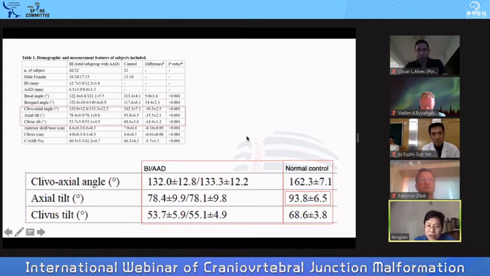We found that not only the axial tilt, but also the clival tilt has a great difference compared to that of the normal control group. In the basilar invagination patients, the CXA is about 130 degrees, and in the normal individual it is about 116, as is known in normal individuals.